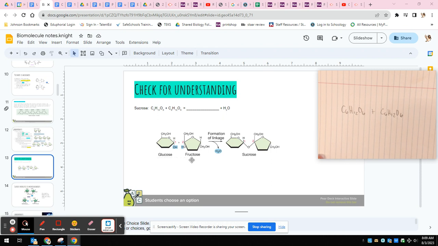They have the exact same molecular formula, but the arrangement of the atoms within the structure are slightly different, and that's why they're different molecules, so they have slightly different properties.